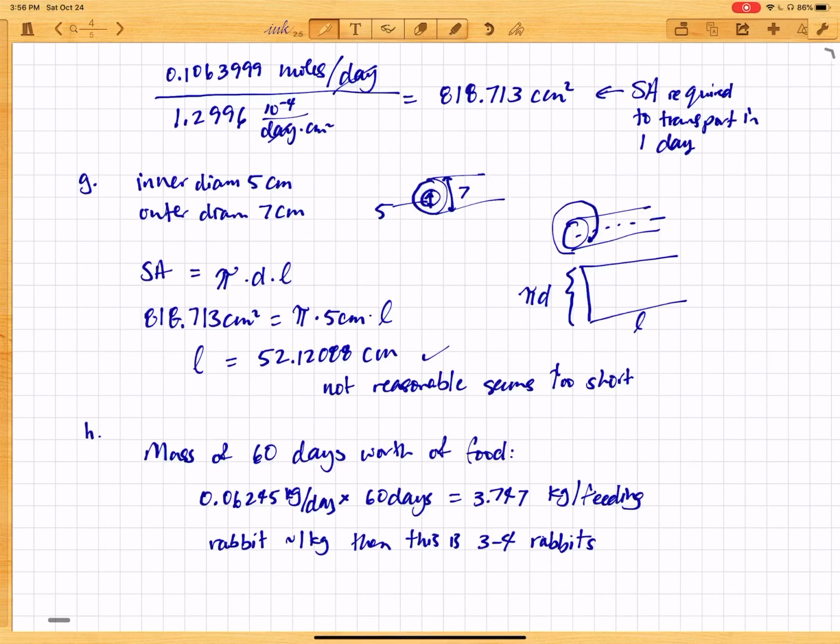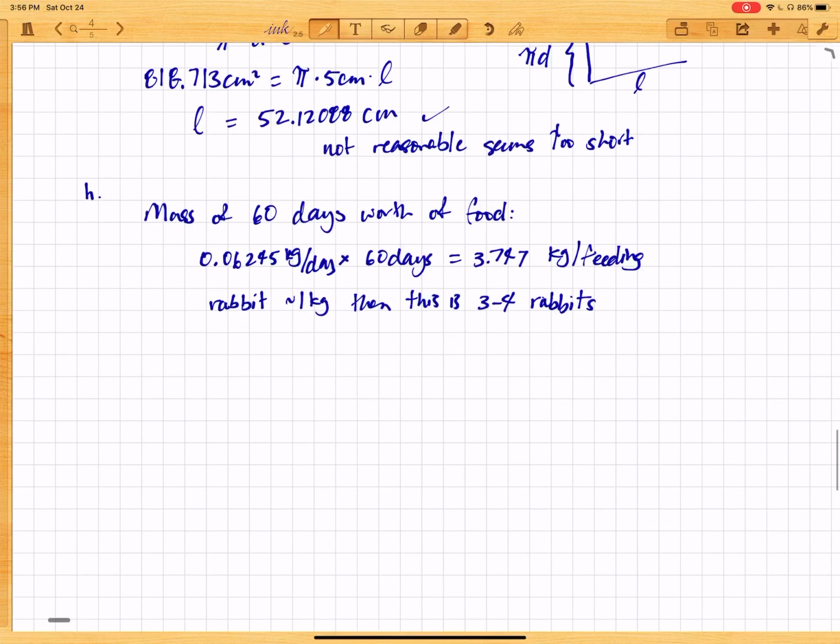Okay. Now we're going to recalculate the intestinal model to absorb this food over 7 days. So the amount of protein per meal is again just 23%, because that's the food concentration, times 3.747 kilograms per feeding.